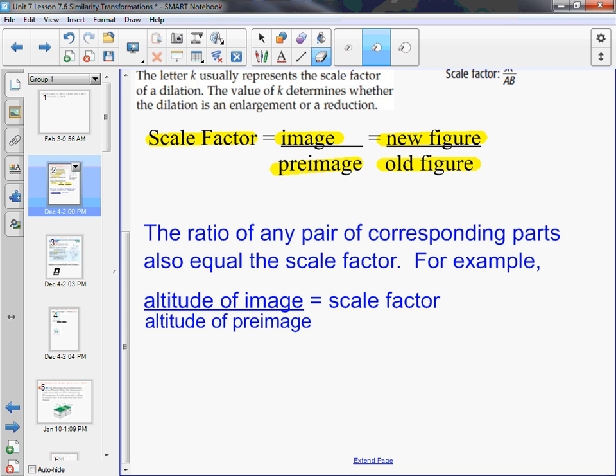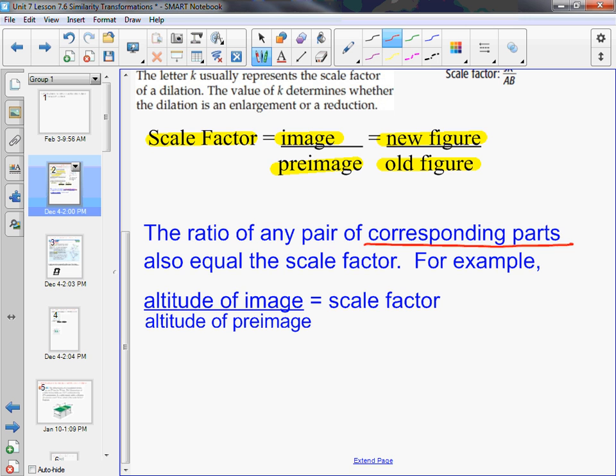Or if we drew in medians, remember what a median is? It goes from a vertex to the midpoint of the opposite side. If we drew in corresponding medians, the ratio of those also equals the scale factor. So the ratio of any pair of corresponding parts also equals the scale factor. That comes in handy every now and then.